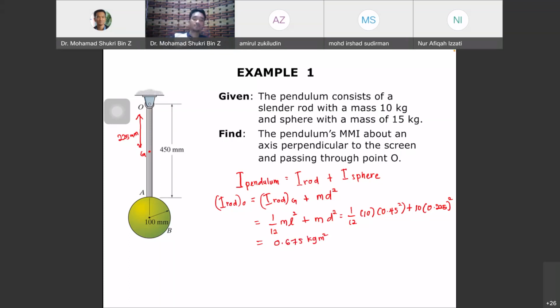Right? So now we find I sphere. I sphere pada O. I sphere G, gravity, plus m d square. So I sphere pada gravity. Gravity untuk sphere terletak pada sini, G di sini.